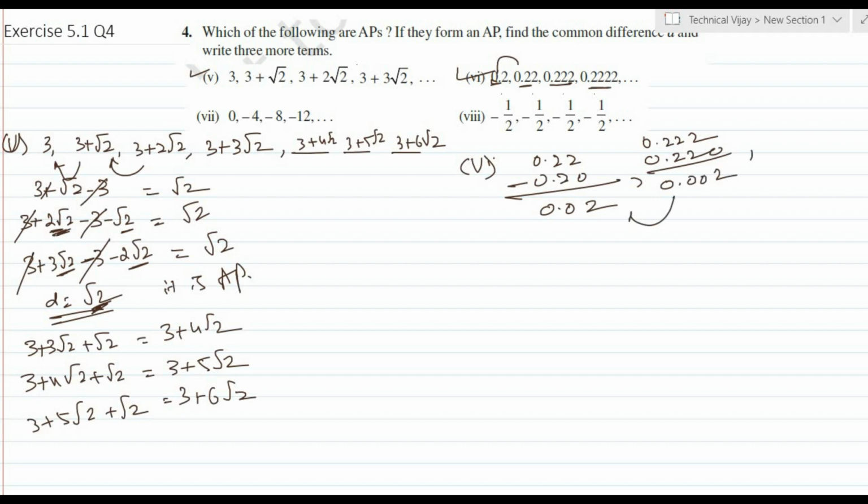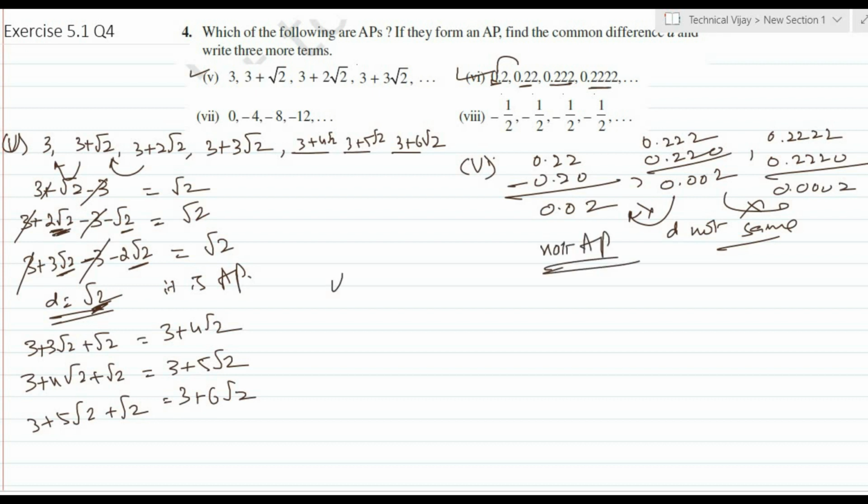So here the difference is not the same. Then 0.2222 minus 0.222 is 0.0002. So this is also not the same. So D is not the same. Hence it is not AP.